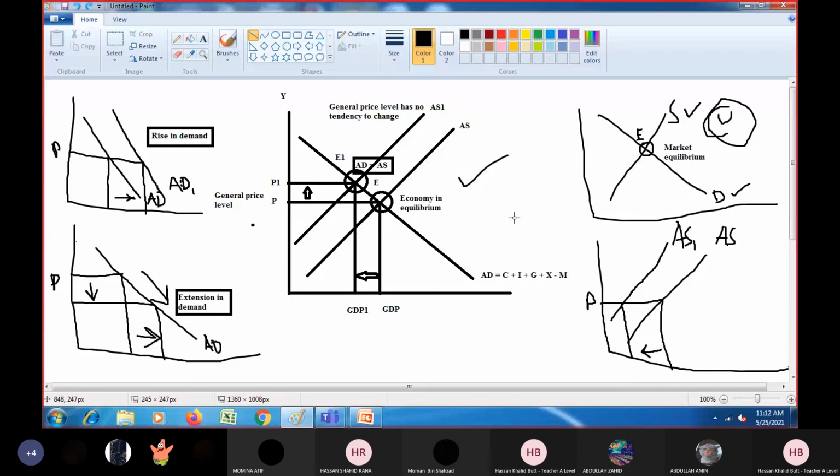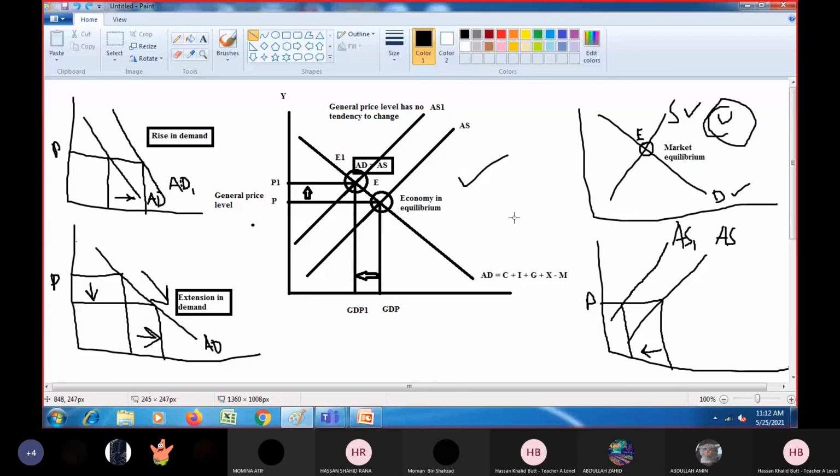It increases, and I told you that whenever there is an increase in the general price level, it shows that inflation is taking place. So with rising aggregate demand or falling aggregate supply, in both cases there will be inflation. The general price level tends to increase.